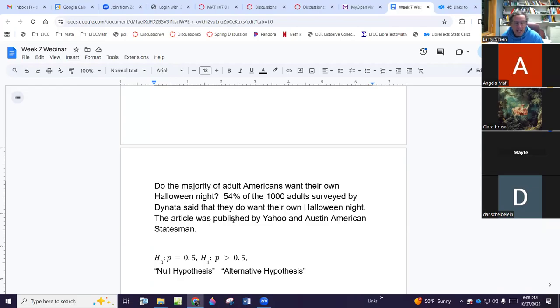Yeah, H. And we're going to always use capital H. So this capital H right here stands for the word hypothesis. This is what everybody writes.